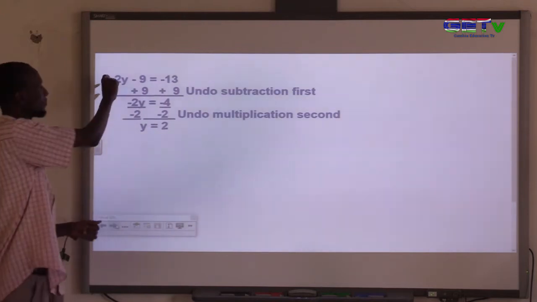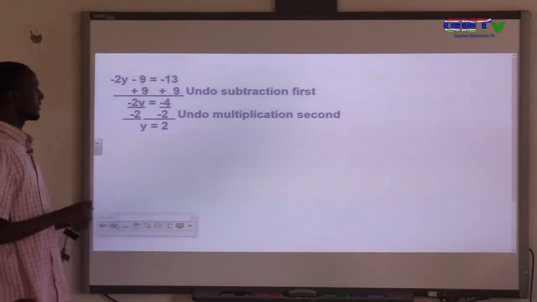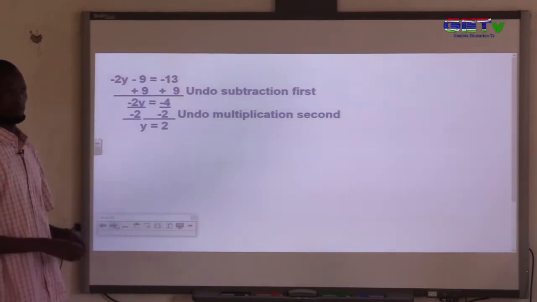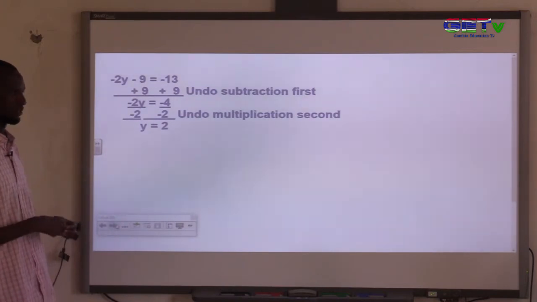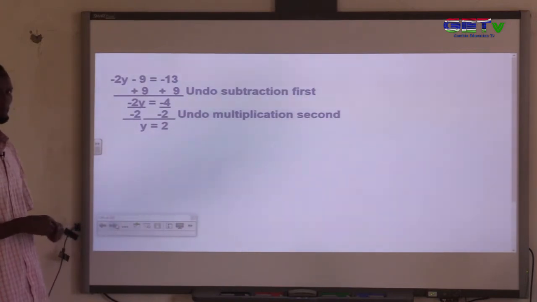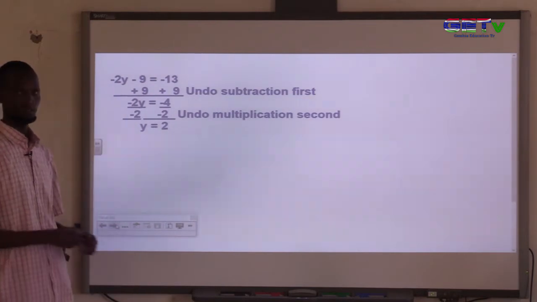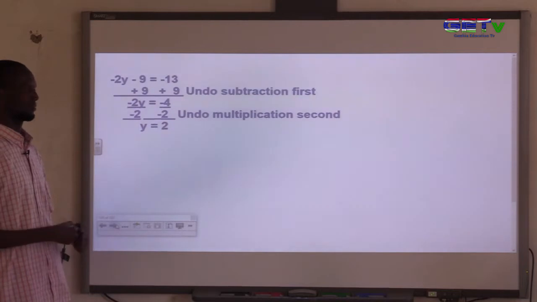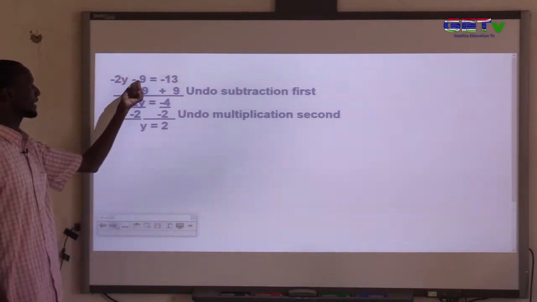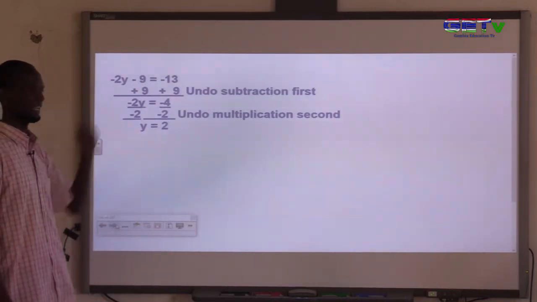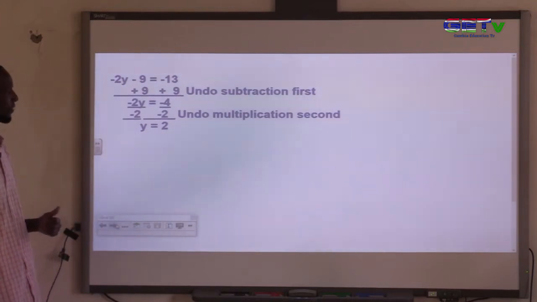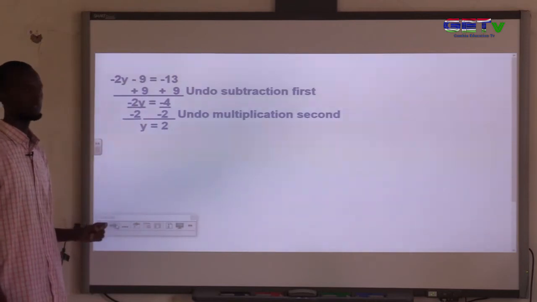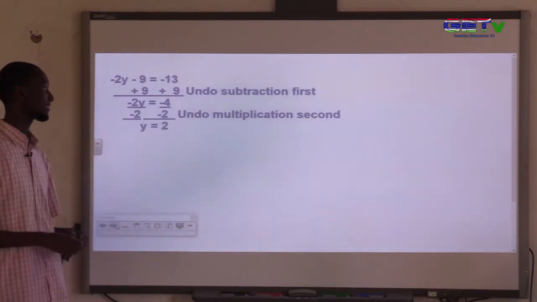Now on the side where the variable is, you have negative 2y minus 9. Since we are going backwards through the order of operations, it means we need to undo the subtraction first. And to undo a subtraction is addition. So to undo a negative 9, you have to add 9 to that side. But of course, if I add 9 to the left-hand side, I must add 9 to the right-hand side.